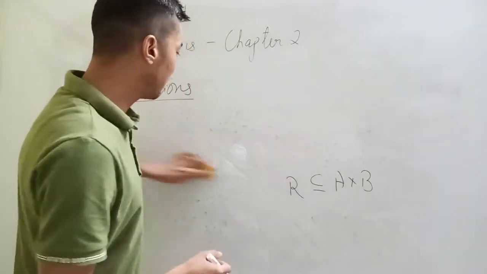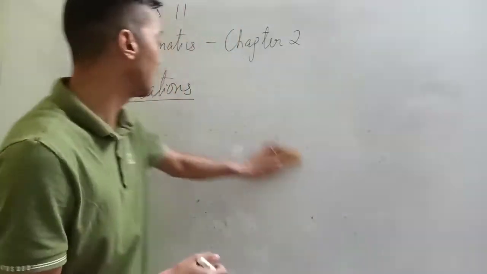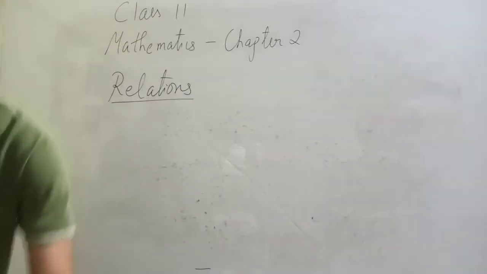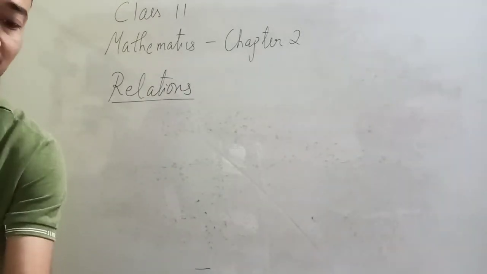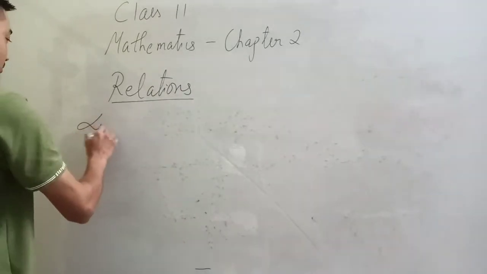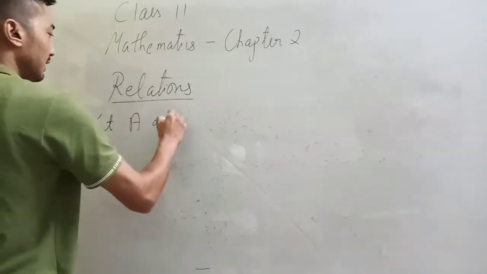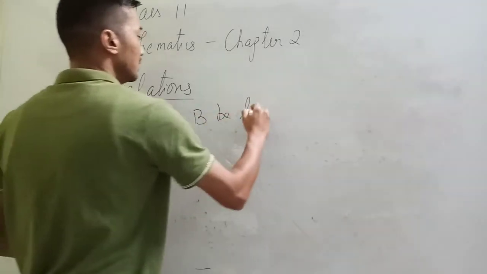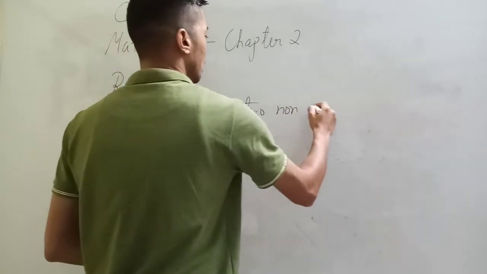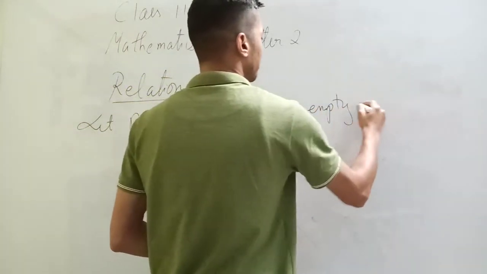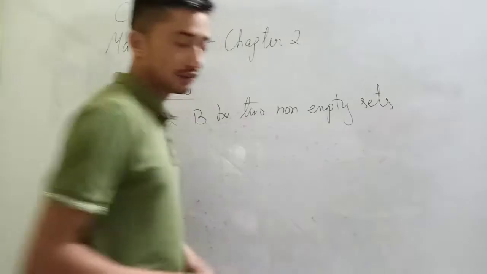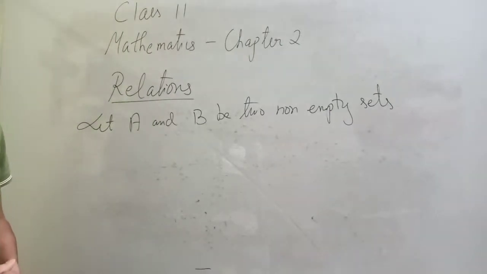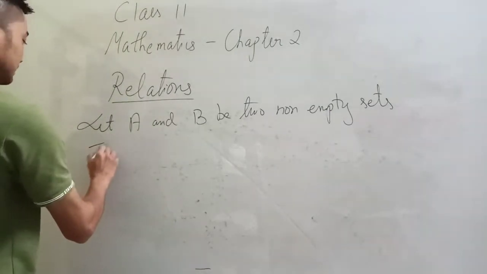Okay, so in simple words, in definition wise, this is what we will write. Please take out your pen and paper and write along with me. So what is a relation? I will give you a definition, so you can just write down: let A and B be two non-empty sets.